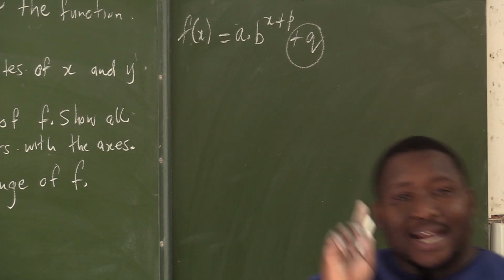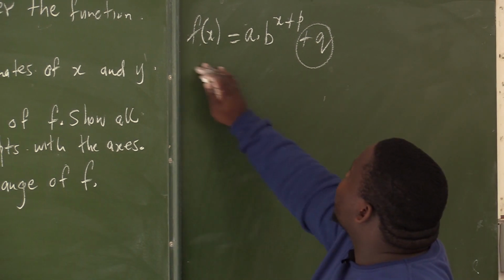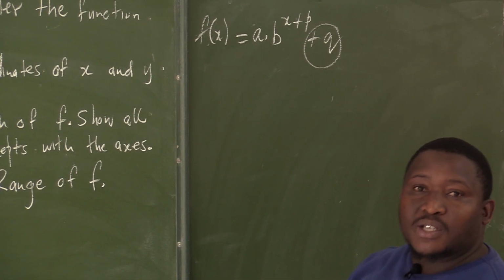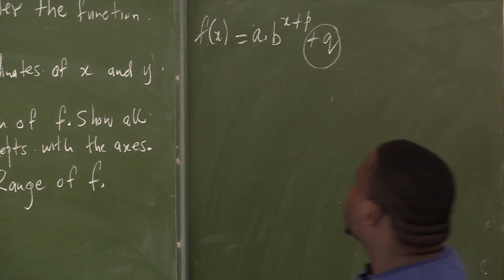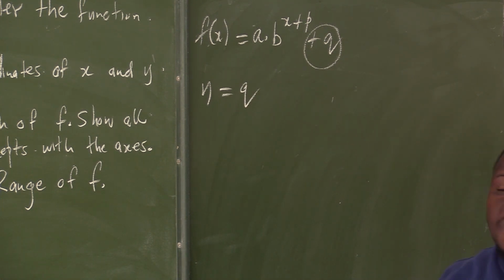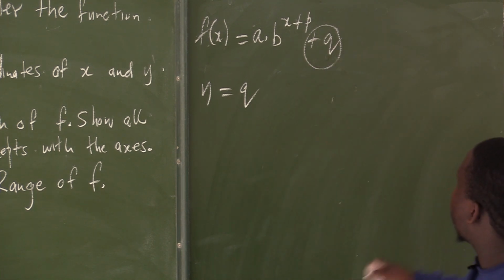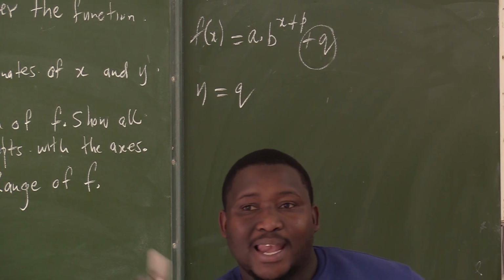Understand this. This value that is there will give you the asymptote. The exponential graph has an asymptote. It means if I'm given the equation like this and the question says give the equation of the asymptote, then it's a matter of saying y is equal to q will give us the equation of the asymptote. If you're able to keep the equation of the asymptote, when you are going to draw your graph, that is where you start, by using broken lines.